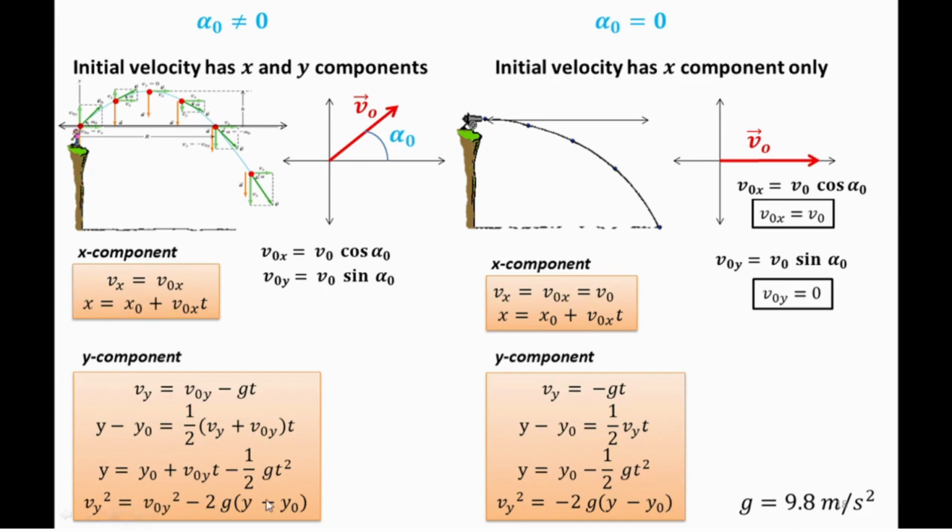And here also, this is reduced, so this is equal to 0. So you have the final y velocity squared is just equal to the negative of 2 times the acceleration due to gravity times the vertical distance traveled. So take note that we have here positive 9.8 meters per second squared because we already incorporated here the negative sign. But if you put the positive sign here, this will be negative 9.8 meters per second squared. So do not be confused by this.